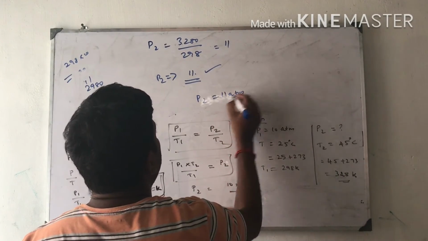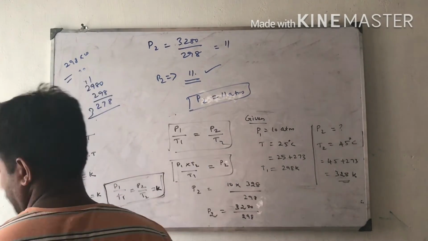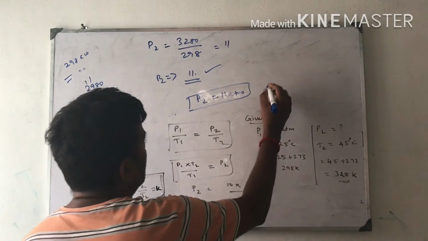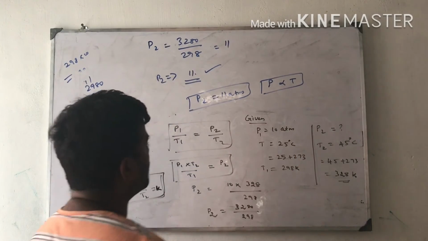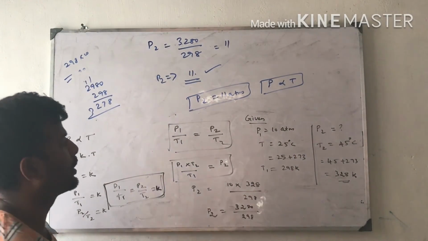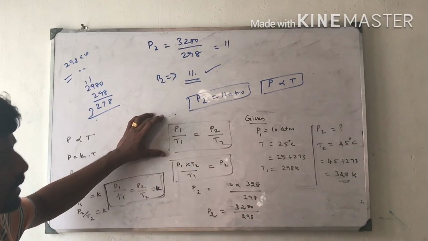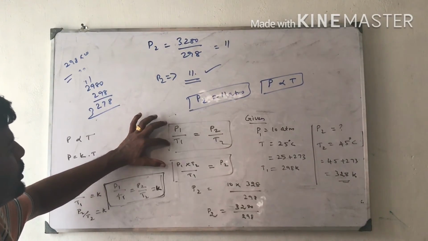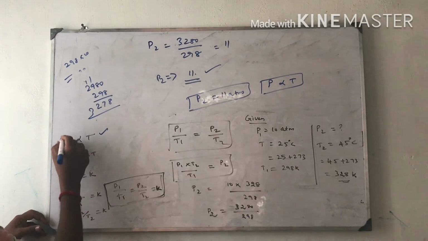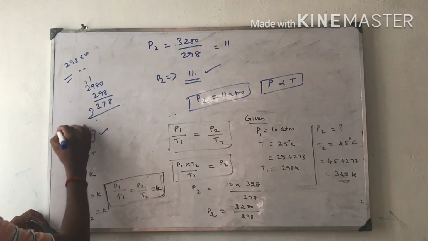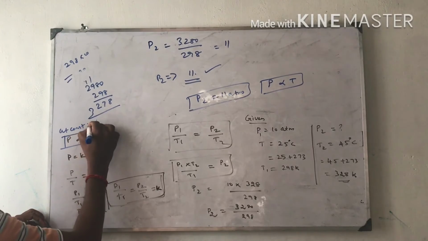So P2 is equal to 11 atmospheric pressure. So when temperature is increased by degrees, pressure also increased, therefore pressure is directly proportional to temperature. Applying the Gay-Lussac's law, P1 by T1 is equal to P2 by T2. In the Gay-Lussac's law, pressure is directly proportional to temperature at constant volume.